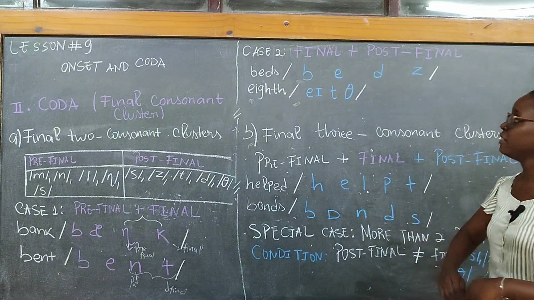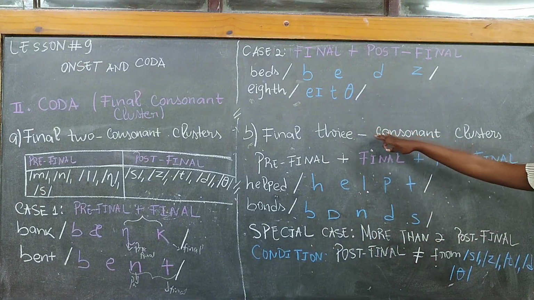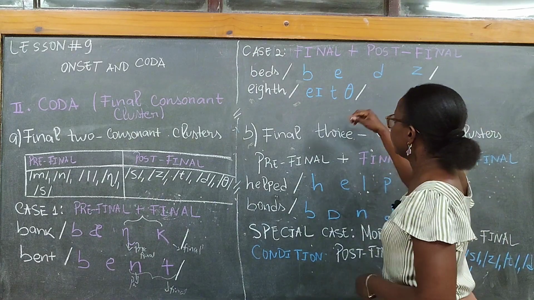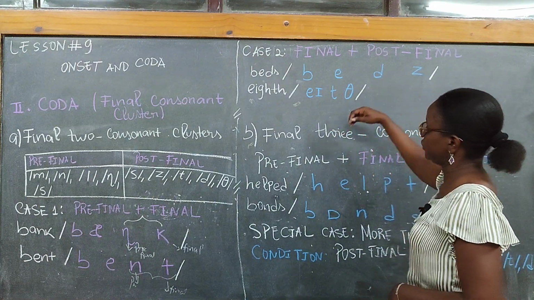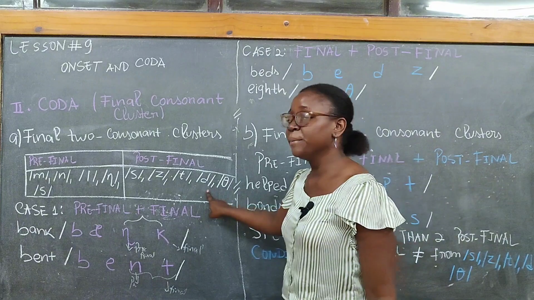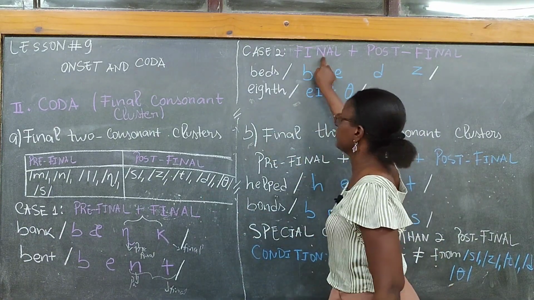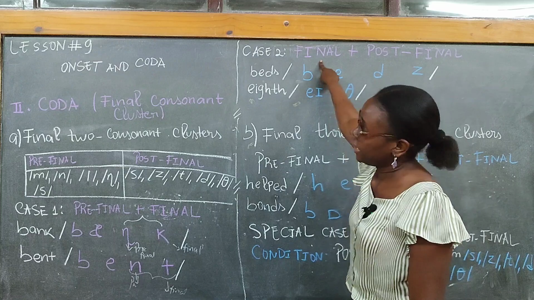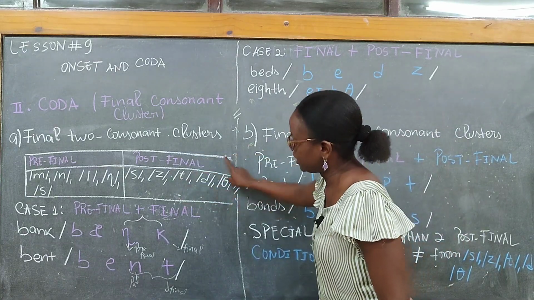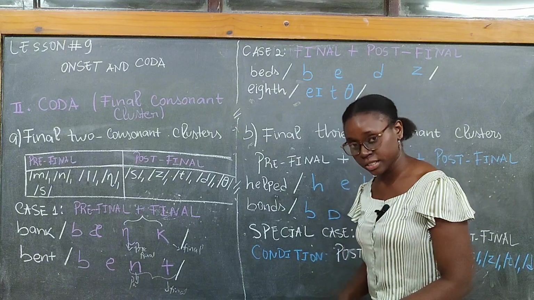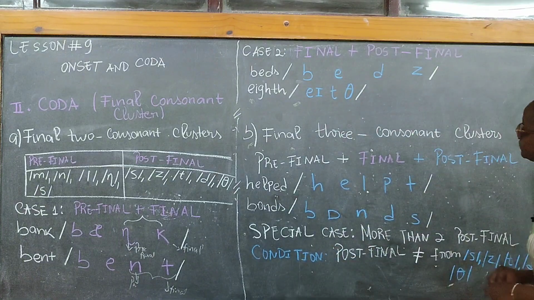Now, we have a combination of what? Final and post-final. So everything that comes before this set of post-final consonants is considered as being the final consonant. And any of these consonants are going to be considered the post-final.